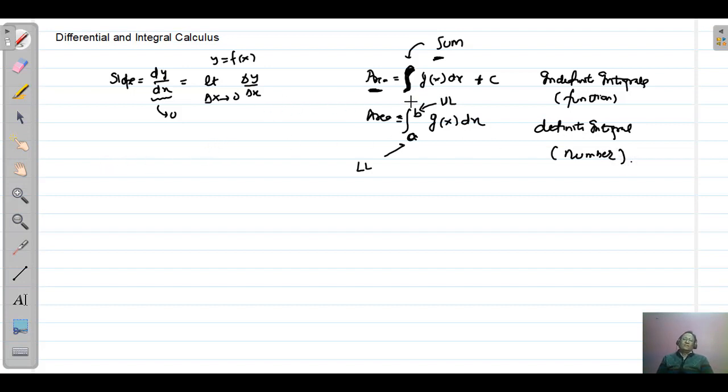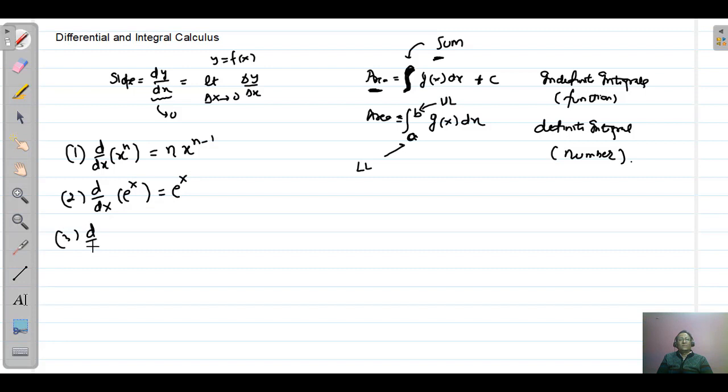In detail, you will read it in mathematics, but here we are giving some formulas which we will use in general. For example, the differential of x raised to the power n is equal to n x to the power n minus 1. The differential of e raised to the power x is equal to e to the power x. The differential of ln x is equal to 1 by x.